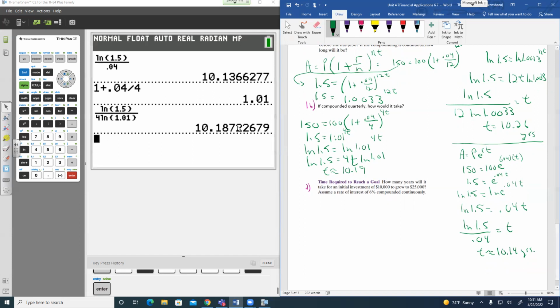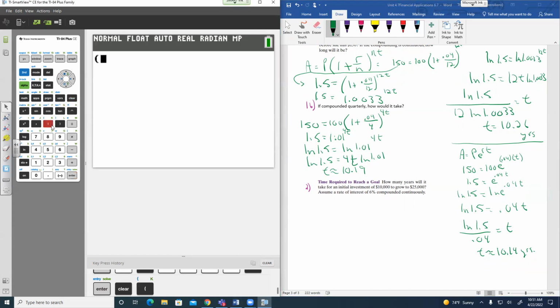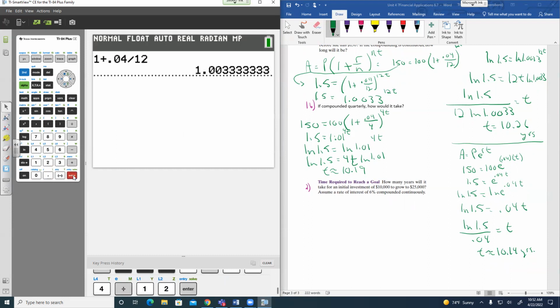Let me double check. I didn't save anything, so let me double check that natural log. If I clear that off and evaluate again, 1 plus 0.04 divided by 12, to see if I did that wrong. 1.0033. Yeah, that looks okay. So let's double check the other part. So alpha F1.